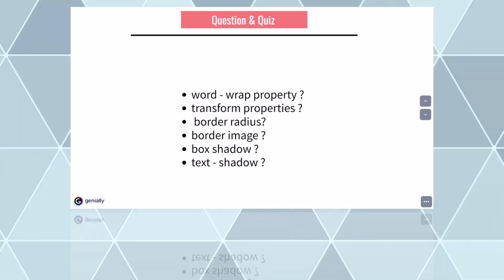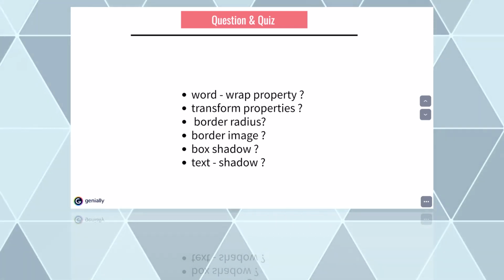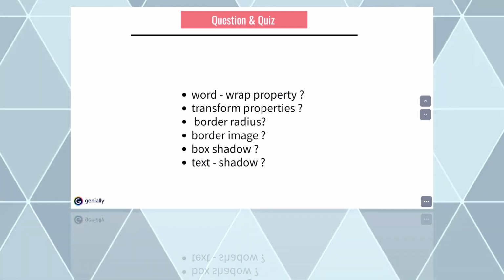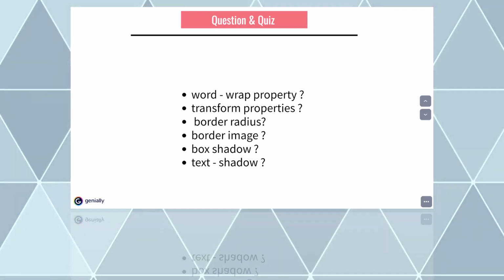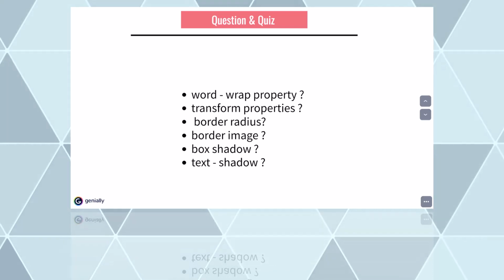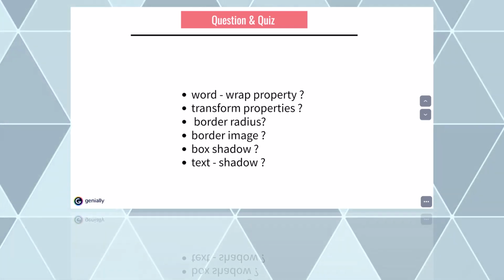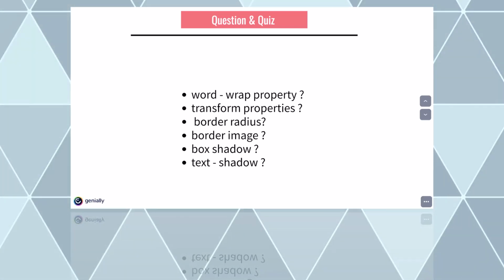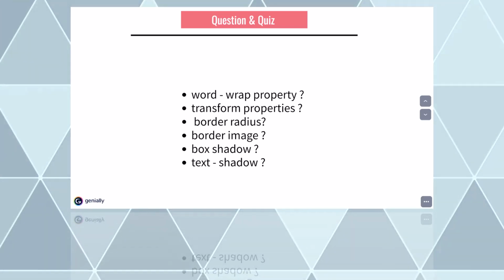Okay. Box shadow? Tanvir? The box shadow is where you can have a box, then you can make a shadow behind it, a bit further away from the box, like a shadow over it. Cindy?